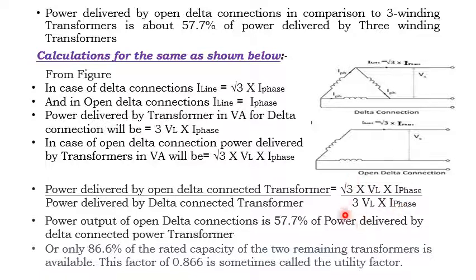The value of 1 divided by root 3 is 0.577, so that means 57.7% of the power delivered by the delta connected power transformer.